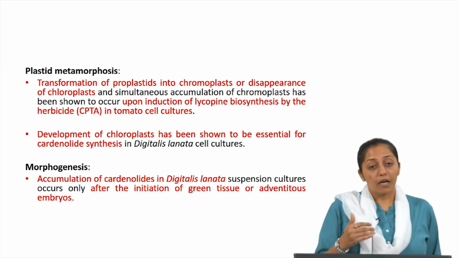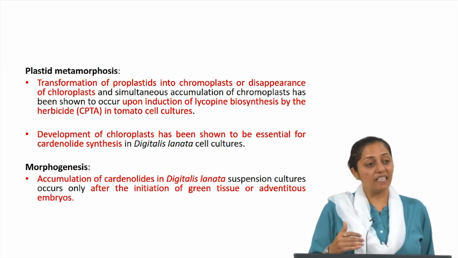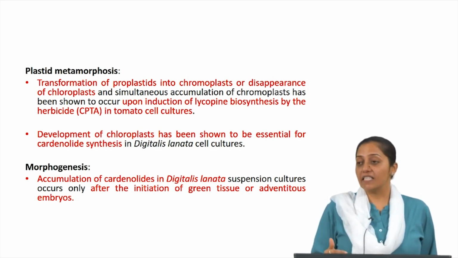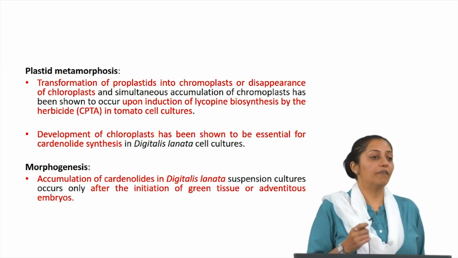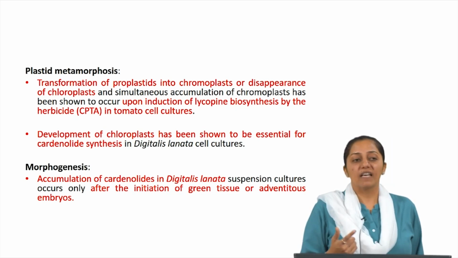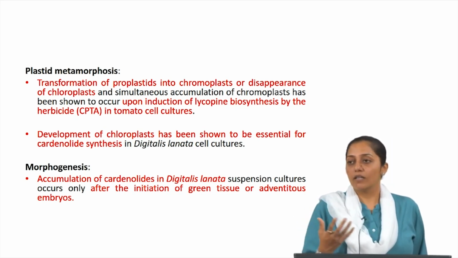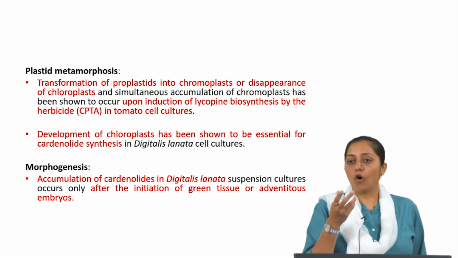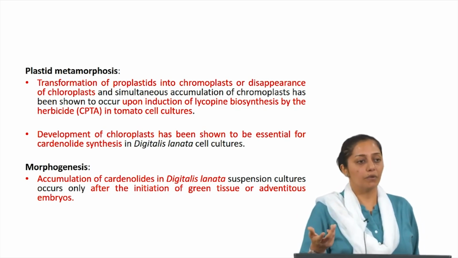An example, accumulation of cardenolides in Digitalis cultures has happened only after the initiation of the green tissues or adventitious embryos. We have observed in Viola odorata also that the cyclotide array or the cyclotide biosynthesis is stable in an organ culture like somatic embryos.